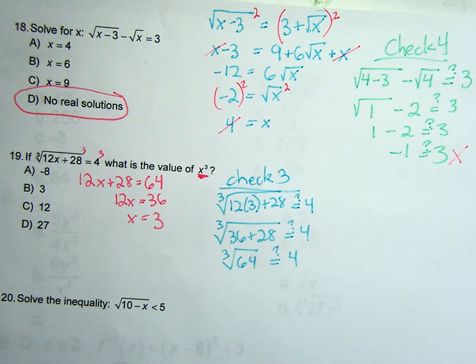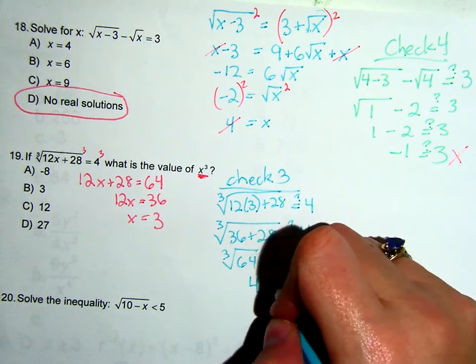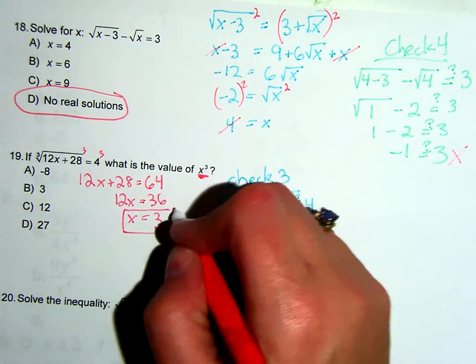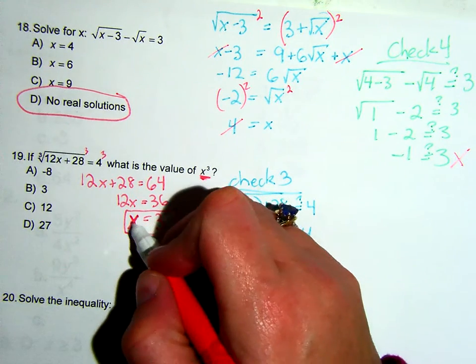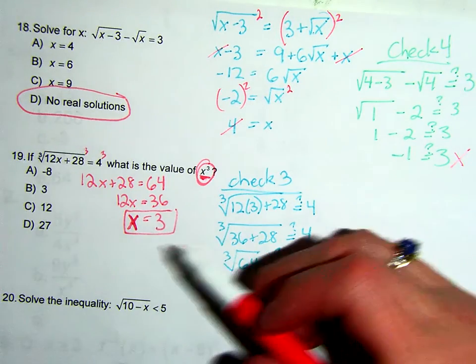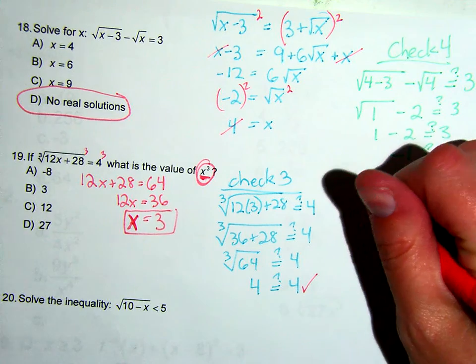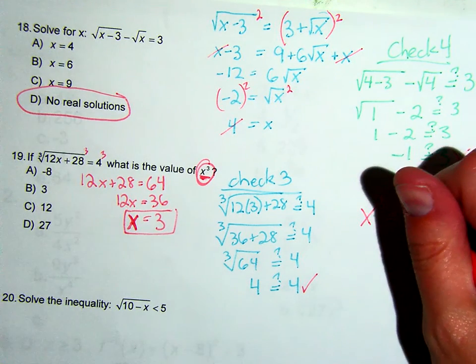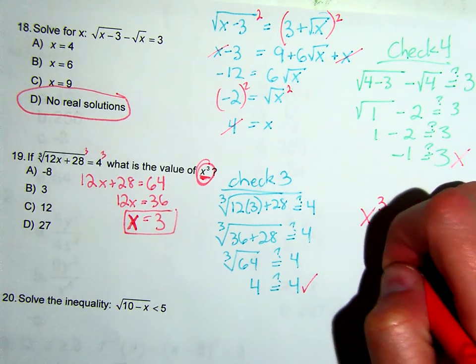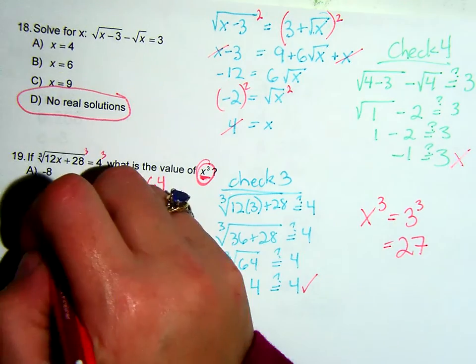The cube root of 64 is 4. So, does 4 equal 4? Yes, it does. So this is what x equals. We're trying to find x cubed. So if x equals 3, x cubed should be 3 cubed. 3 cubed is 27. Answer is D.